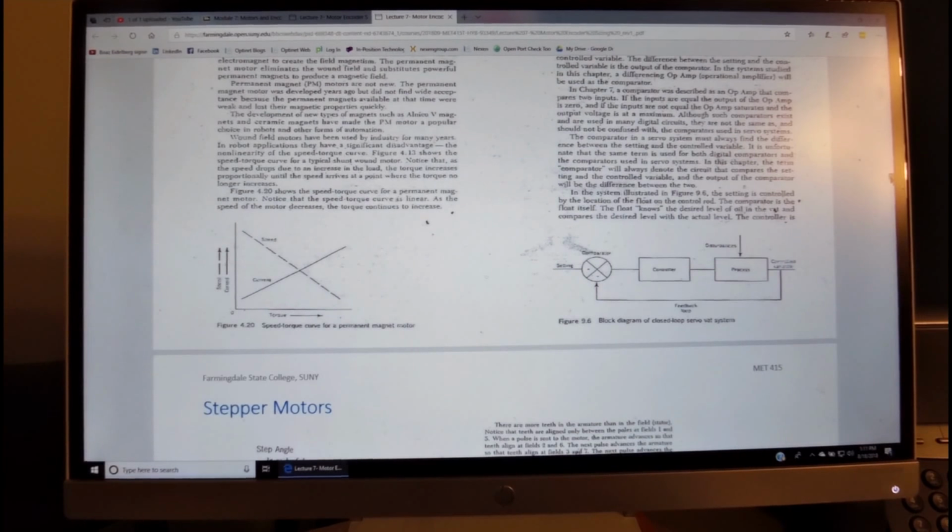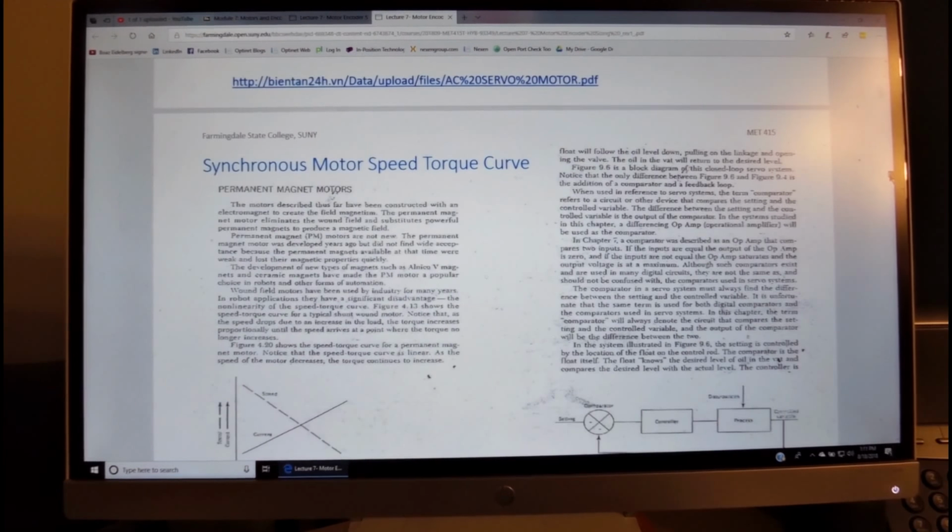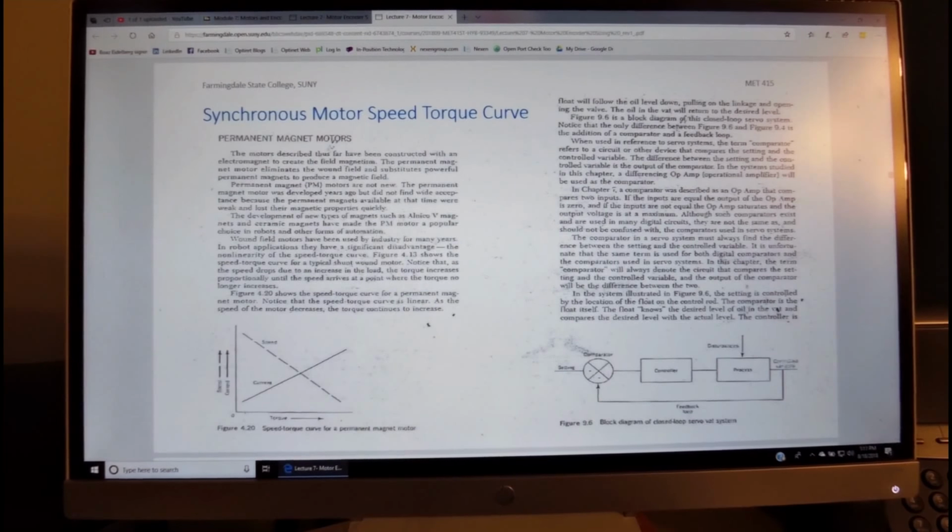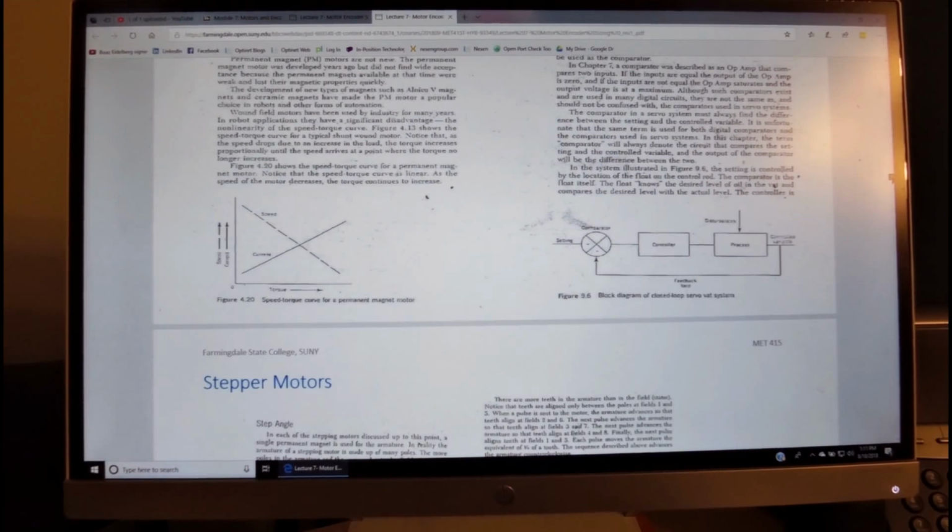This is an older version of a robotic course that shows how the motors are related in terms of speed and torque. We see that as the torque of the motor increases, the speed of the motor decreases. Over here, this is the speed, and this shows the current and the torque.